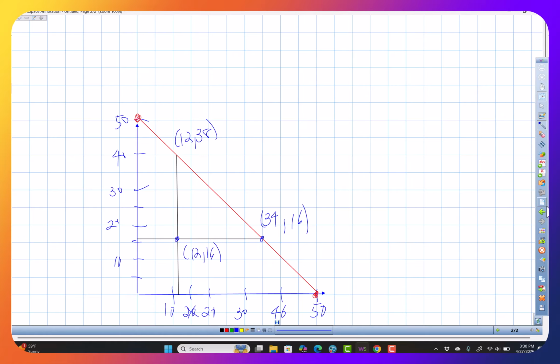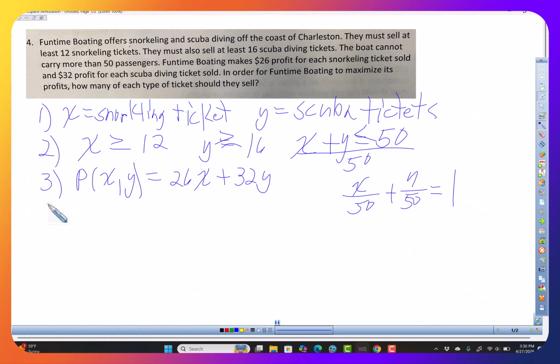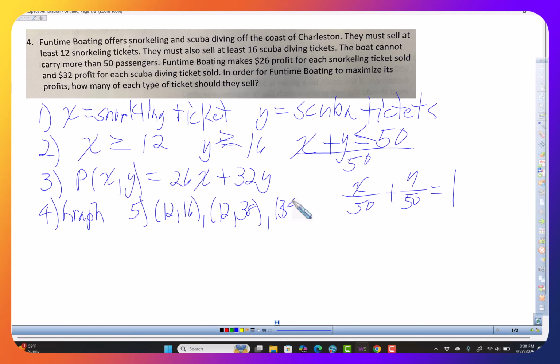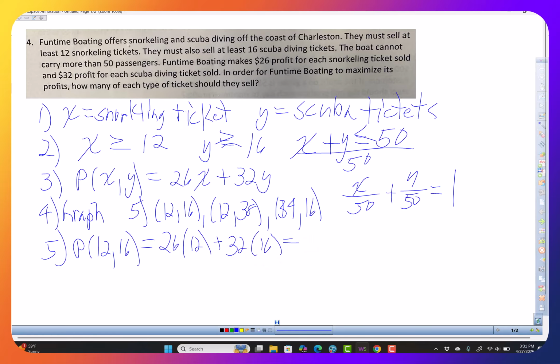So we've graphed, and our intersection points are going to be 12, 16; 12, 38; and 34, 16. Then our objective function: P at 12, 16 is going to be 26 times 12 plus 32 times 16.